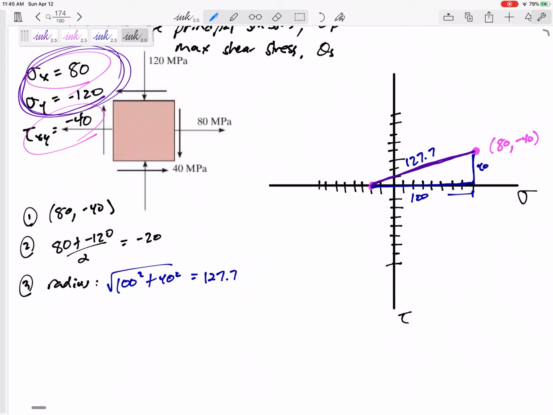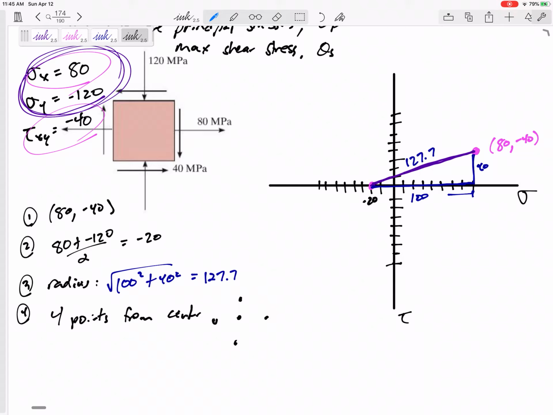Once I've got that, and these numbers might be a little bit different from my previous notes, I'm going to draw my 4 points from the center. Start at the center, go radius right, radius left, radius up, radius down. I'm starting at negative 20, and I'm going to go to the right 107.7.